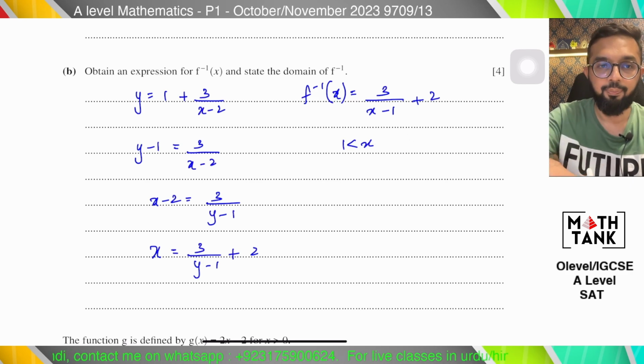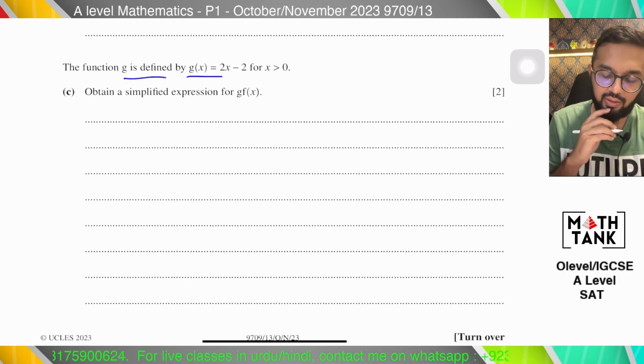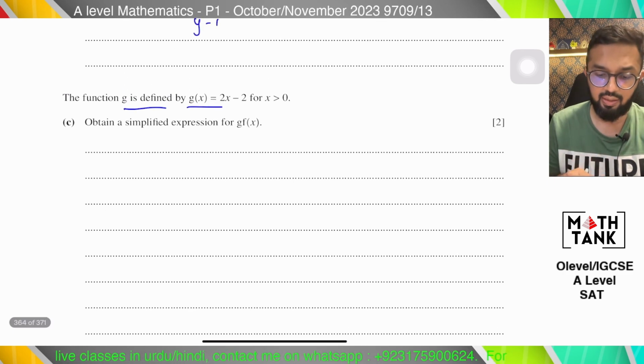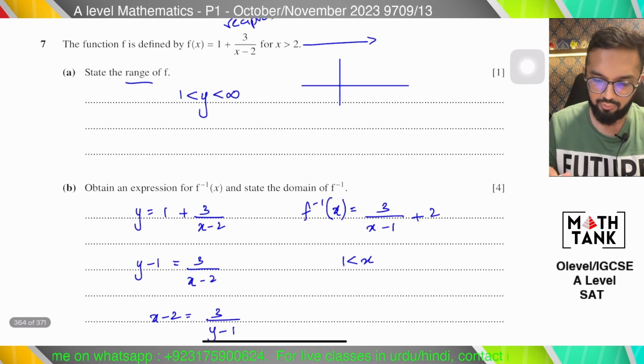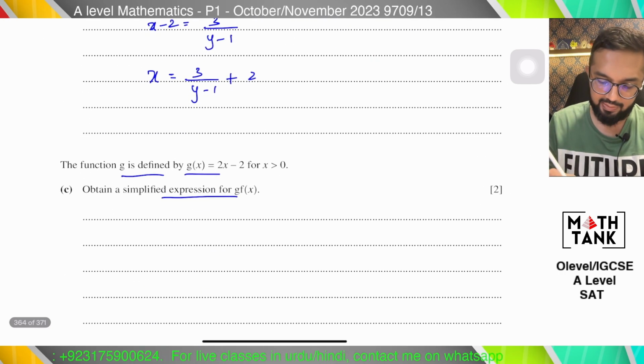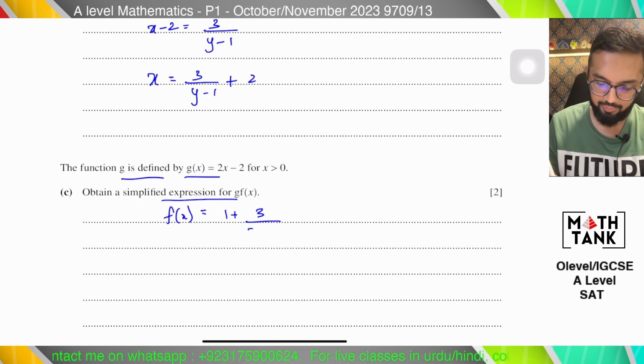It's not necessary. Okay. The function g is defined by g of x equals 2x minus 2 for x greater than 0. Obtain a simplified expression for gf of x. So f of x is 1 plus 3 over x minus 2.